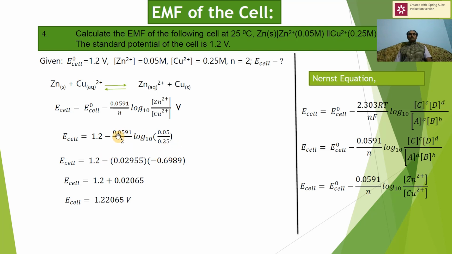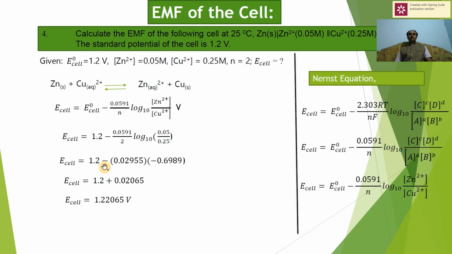Okay, after substituting these values, you can calculate this. You can write minus of 0.0591 divided by 2, that will give you 0.02955. Log of 0.05 divided by 0.25 gives you minus 0.6989.